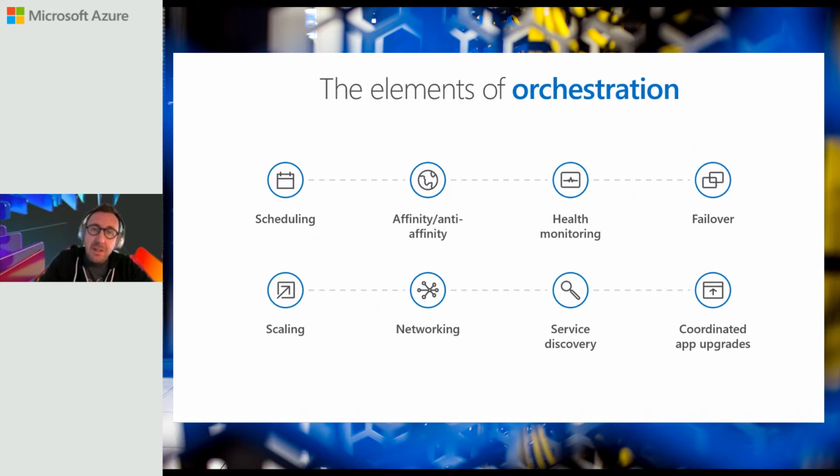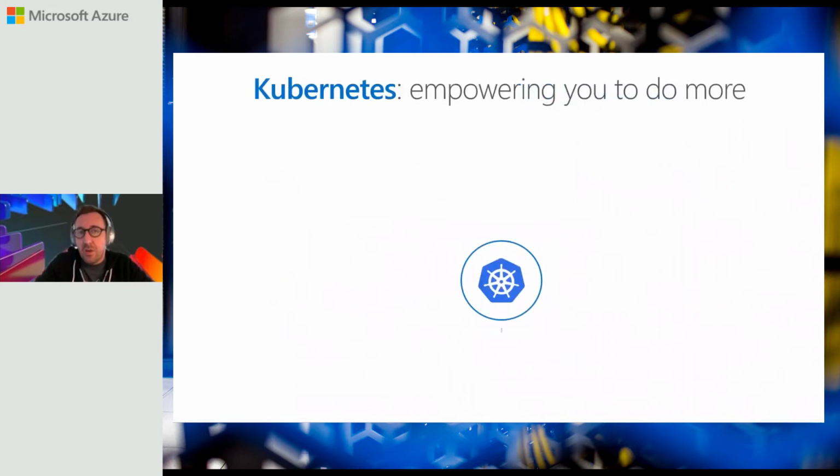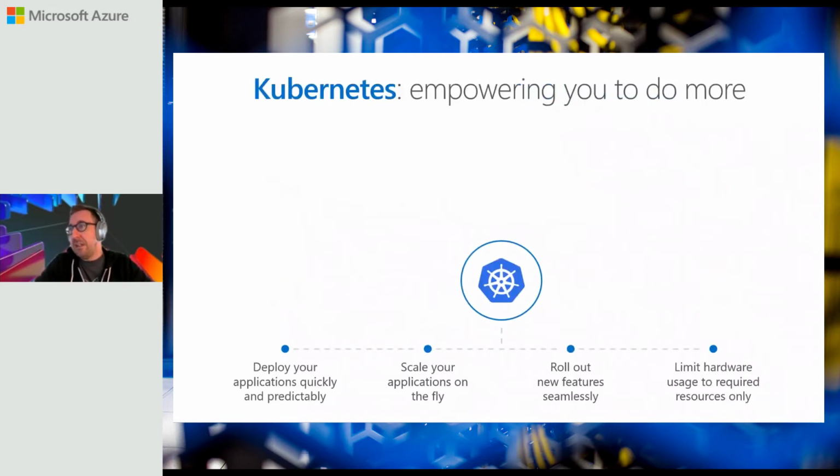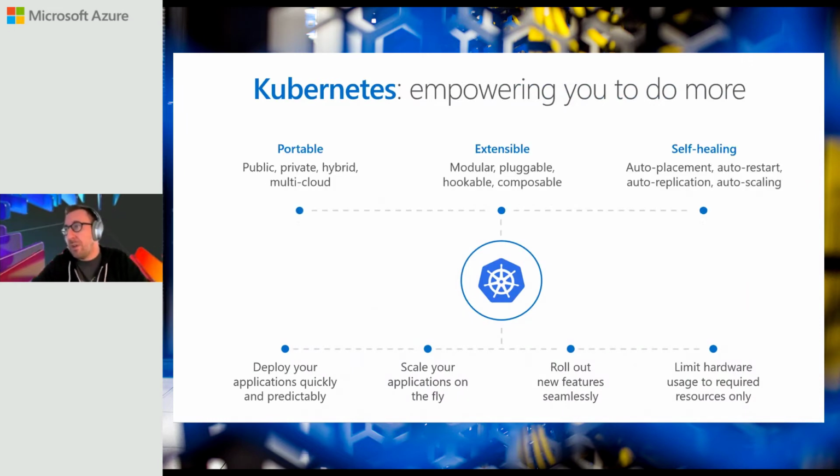Something that can help with those things, and I mentioned it already, is Kubernetes. Kubernetes is an orchestrator specifically for containers. It's built to be portable, extendable and self-healing, and it has all the specifics of a fully adult and mature orchestration software.